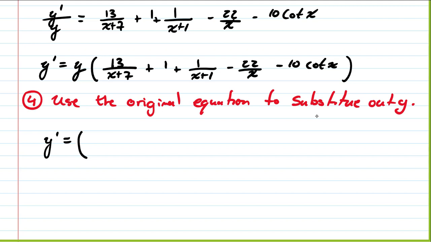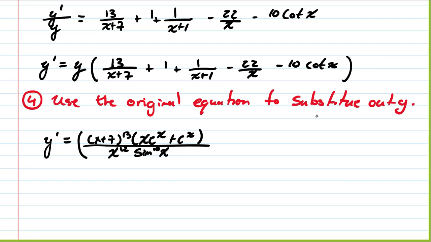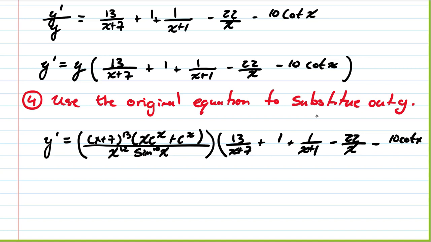Well, y was x plus 7 to the 13th times x e to the x plus e to the x, all over x to the 22nd sine to the 10th of x, times what we just calculated, 13 over x plus 7 plus 1 plus 1 over x plus 1 minus 22 over x minus 10 cotangent x.